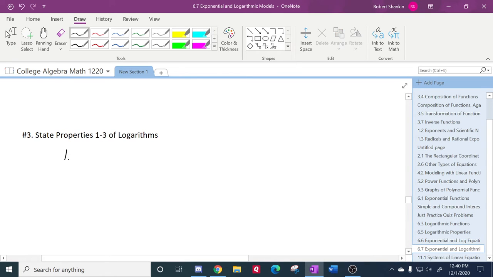All right, property 1. And you don't have to use B and M and N. You could use A and X and Y or whatever you want. When I make 2 logarithms out of 1, the multiplication that had to be there in the parentheses becomes an addition.